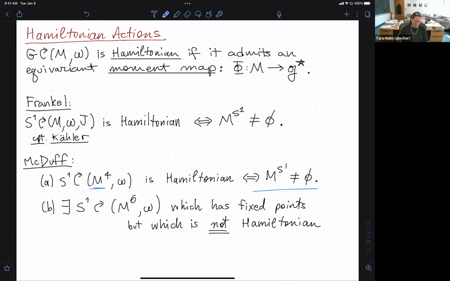And so this example, in light of Frankel's theorem, is not a Kähler example, of course. And I guess there is later work. She was not assuming that this was Kähler either, but we will see that in this context, these are all Kähler.